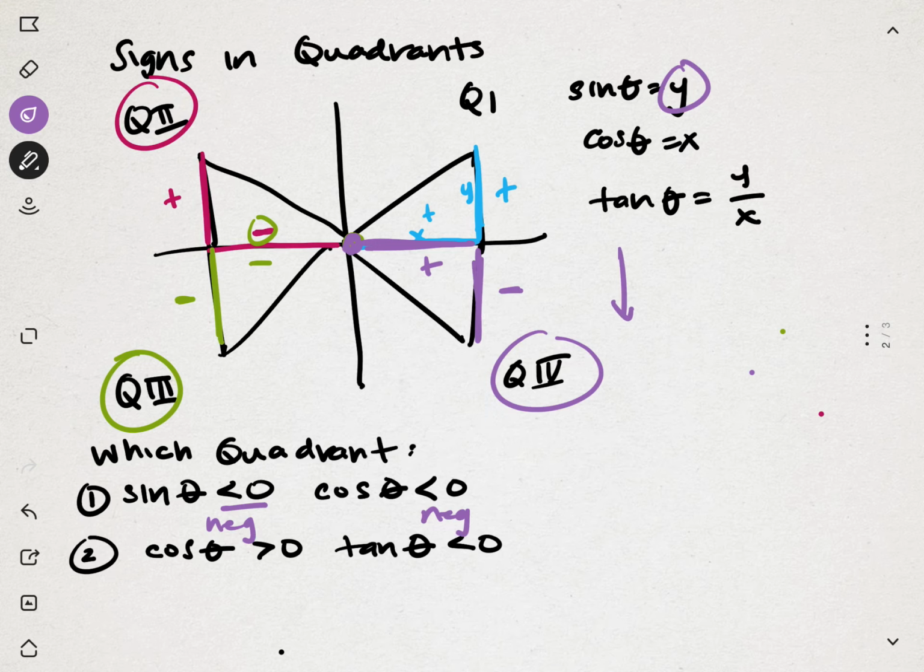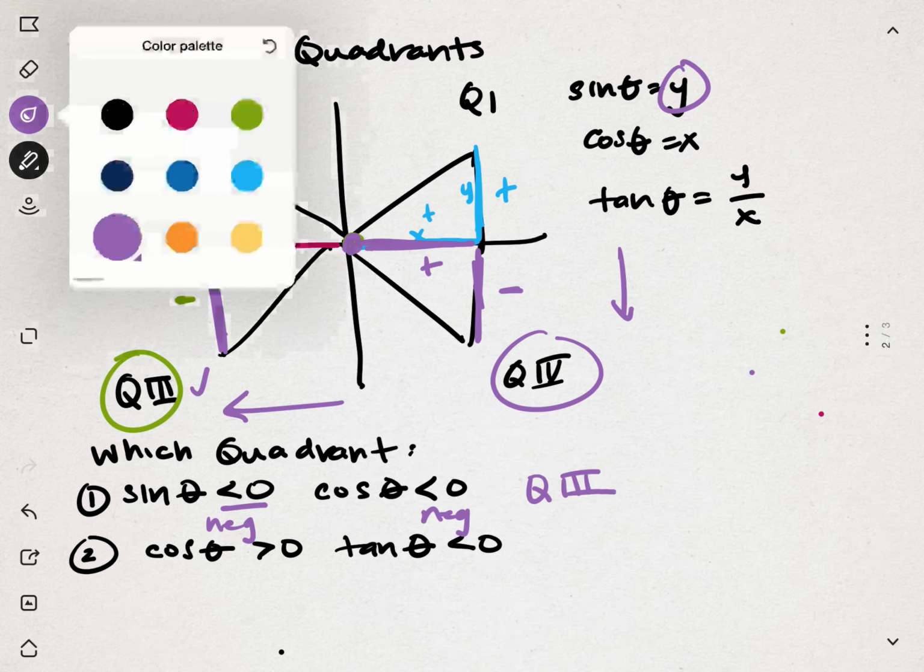Because that's where these sides here are below the x-axis. And where the cosine is negative. Okay, so cosine is negative on this side of the origin, right? The x value to the left is negative, so that would be quadrant 3.